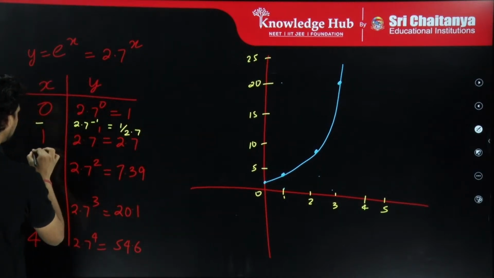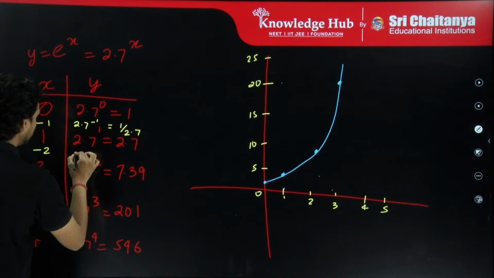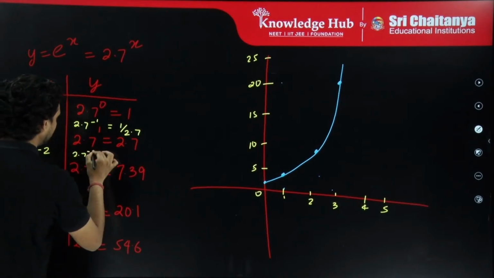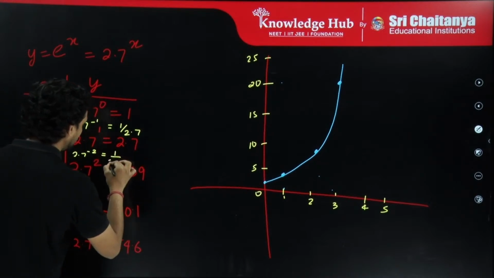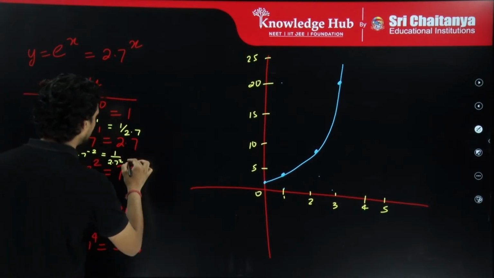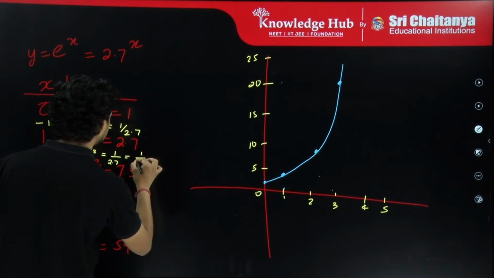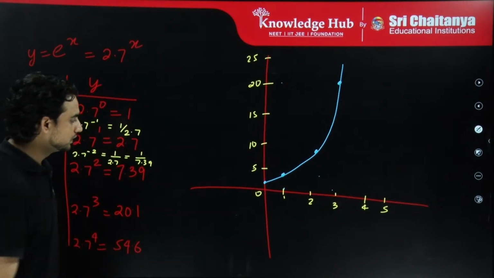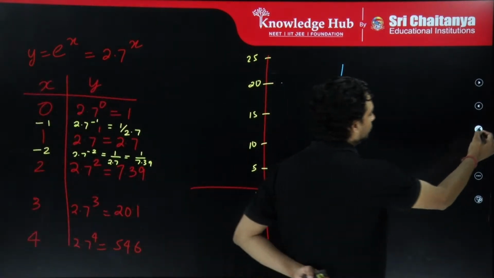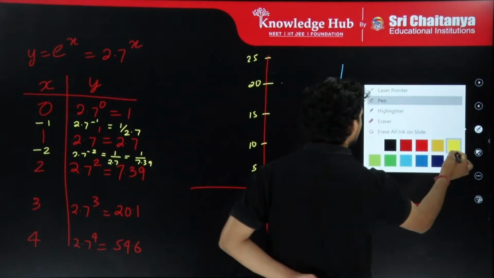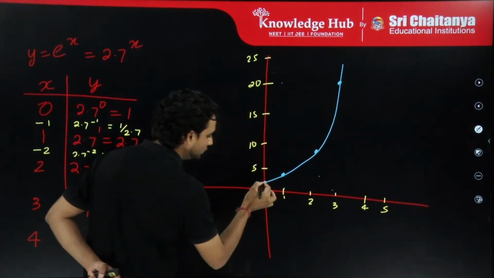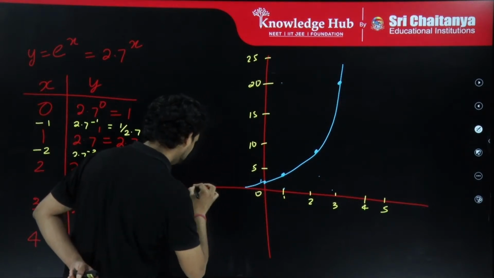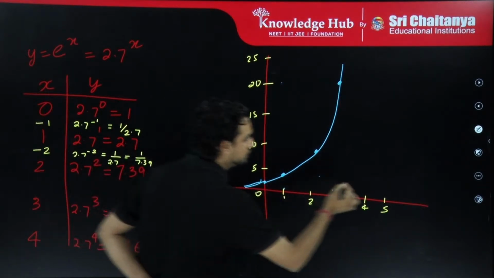Now if I put -2, what do I get? 2.7 raised to -2, that is 1 upon 2.7 whole square, so 1 upon 7.39. So this is less than this also. If I try to draw an exponential graph, all the values are less than 1, okay, this is 1, so it will be like this, it will go down toward 0.